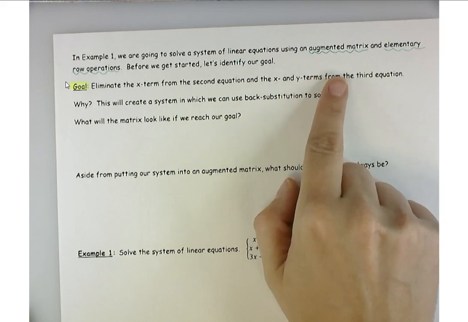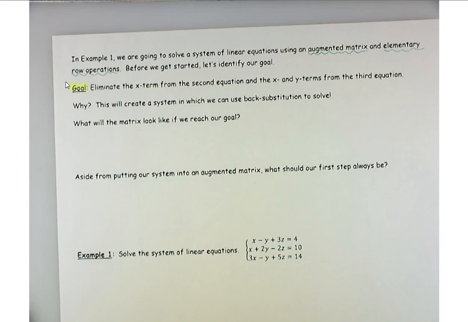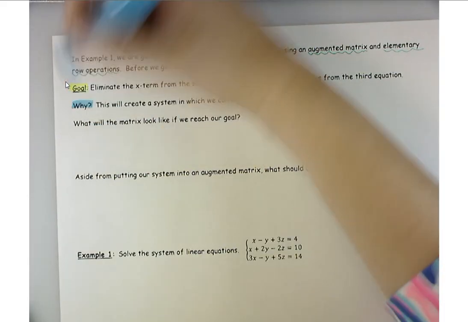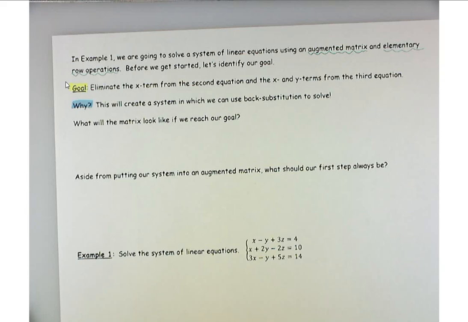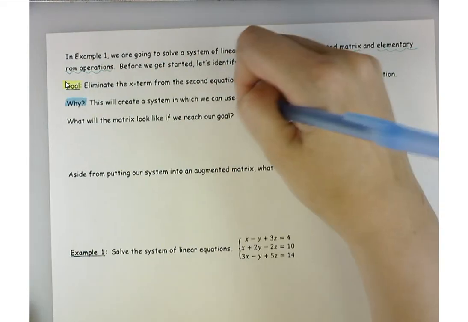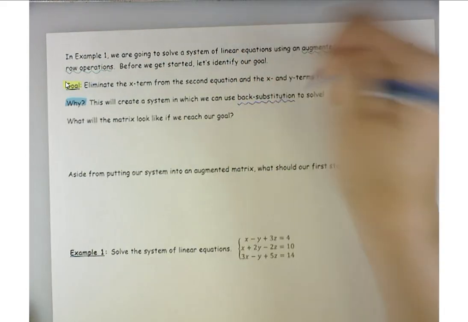Does that ring some bells? Yes. Are you guys alive? No. All right, and then, well, why are we doing this? So this is going to create a system in which we can use back substitution to solve. Okay, so our main goal is to be able to use back substitution.